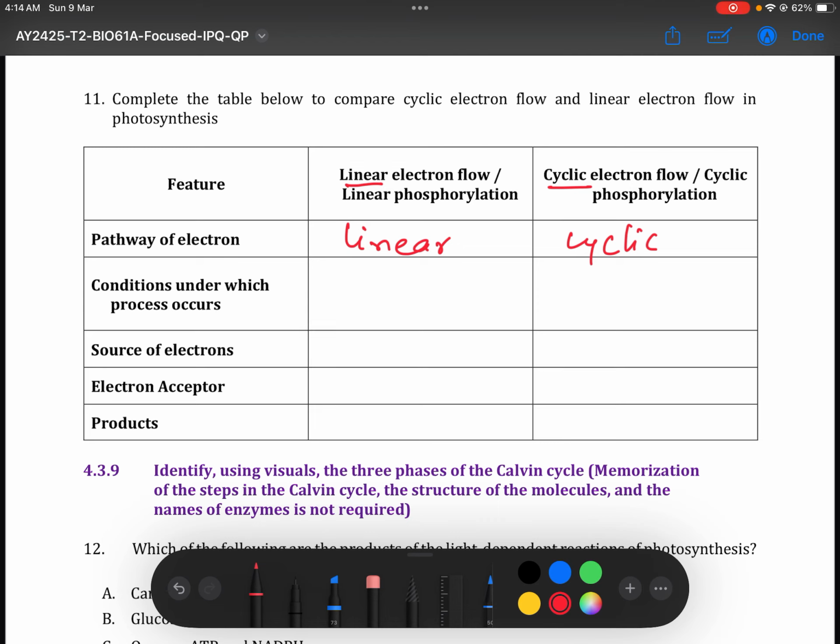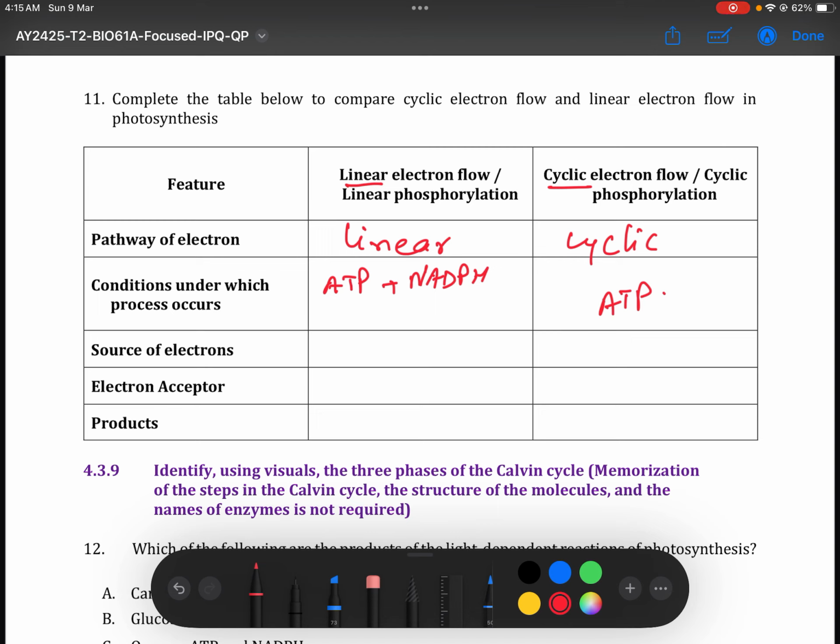In the linear one, when you need NADPH and ATP, that's more than enough. And over here, when you only need ATP. Source, or you can also say when NADPH is not consumed.